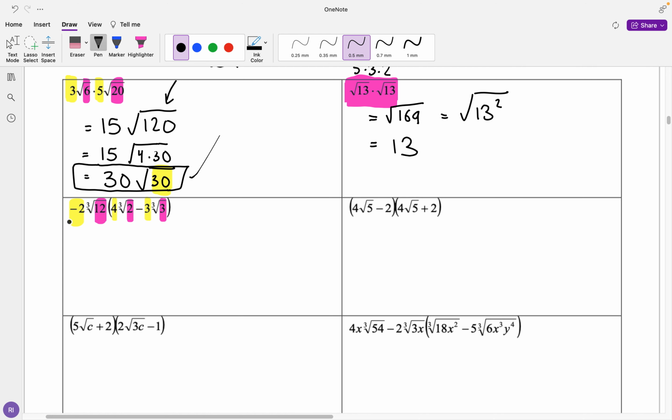And now when I multiply -2 cube root 12 with the first term, I get -8 cube root 24 and add 6 cube root 36.